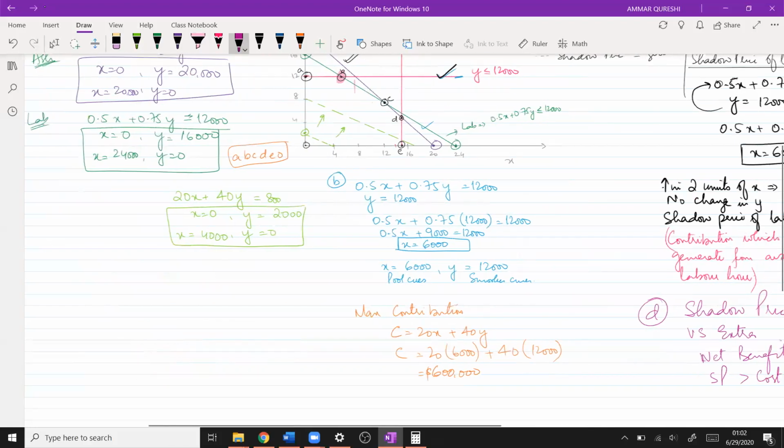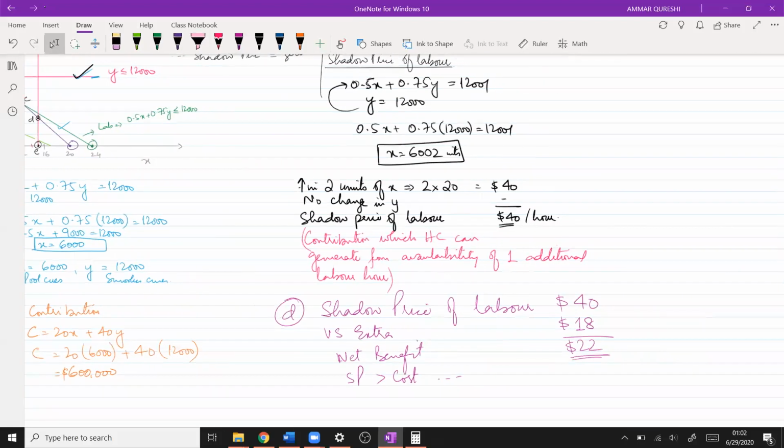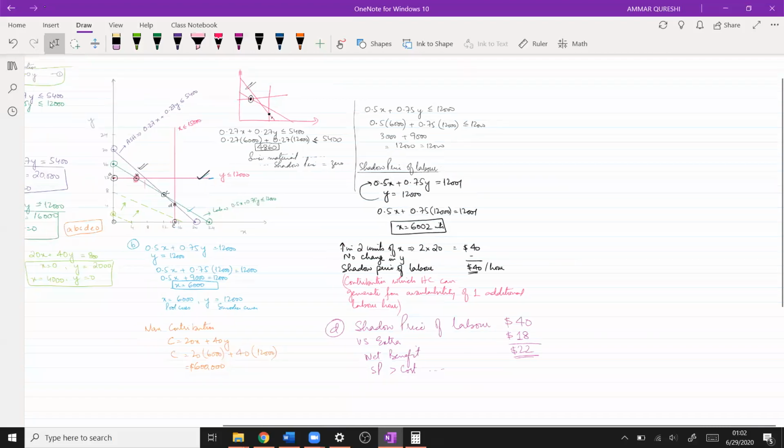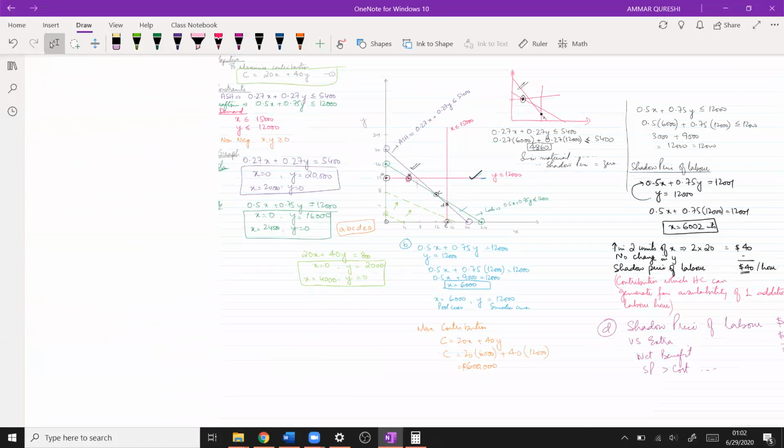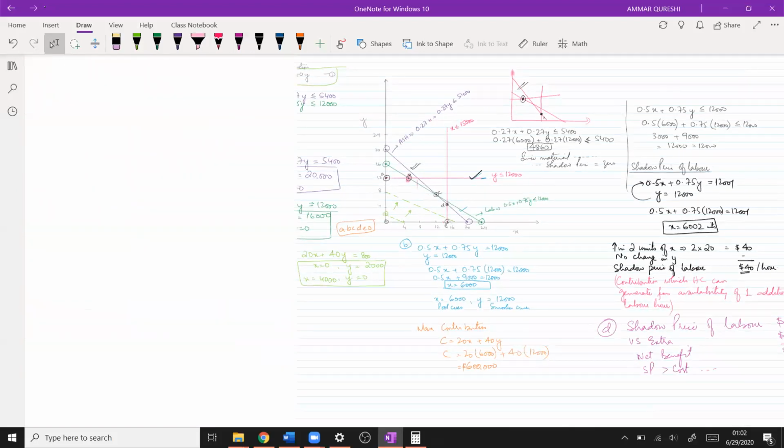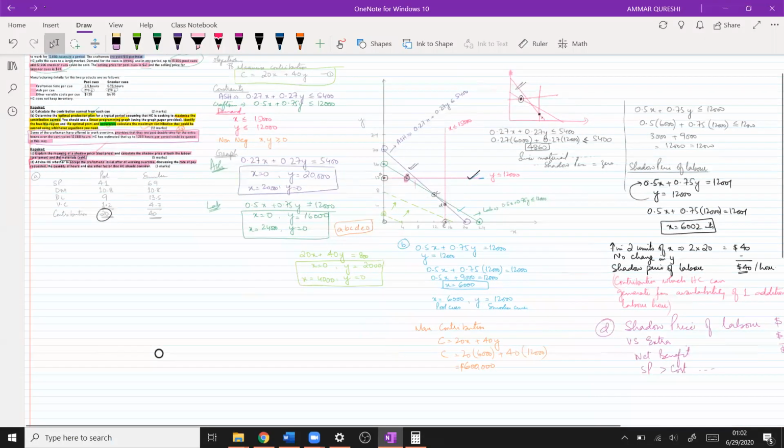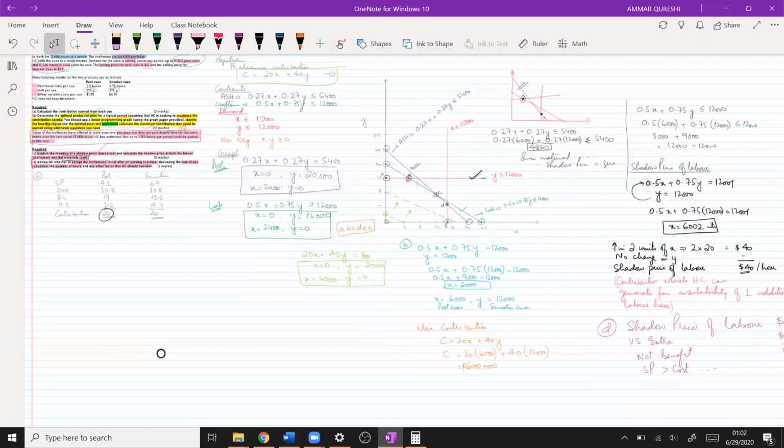What is the second point? Second point is in terms of contracted hours, right? Now, what do you mean by this term contracted hours? See, it's simple. Contracted hours means that they want to have 1200 hours. They can give you 1200 hours.